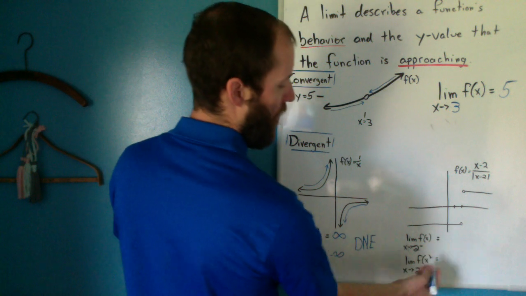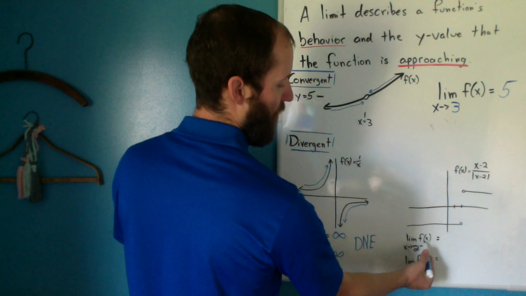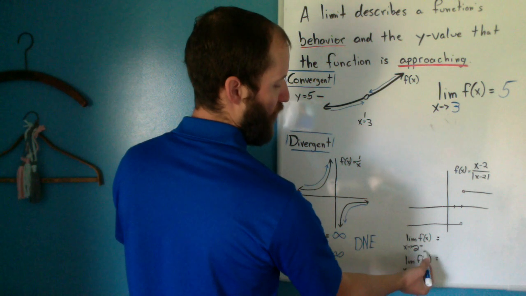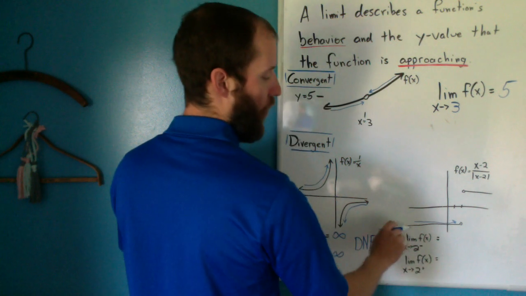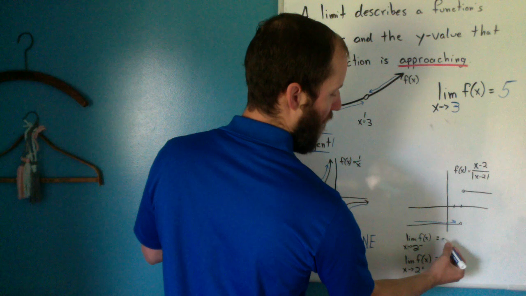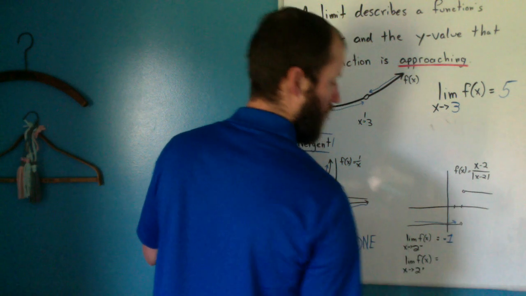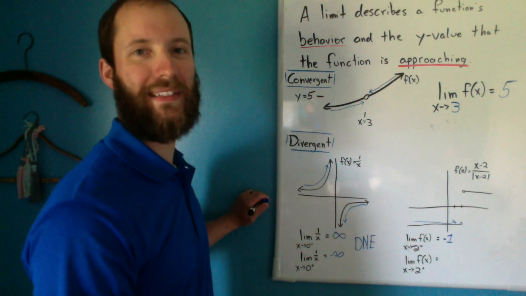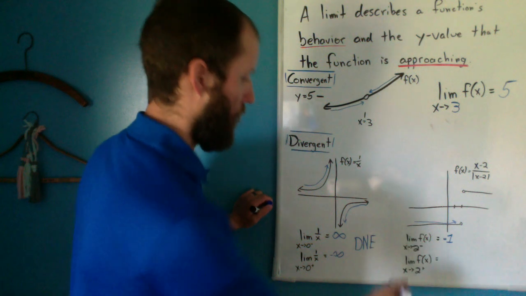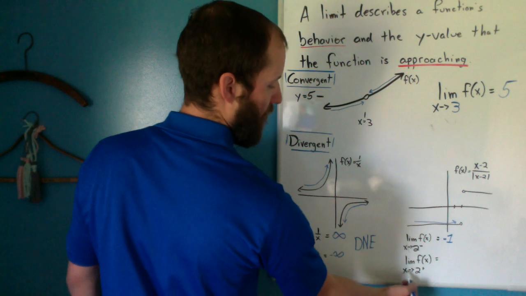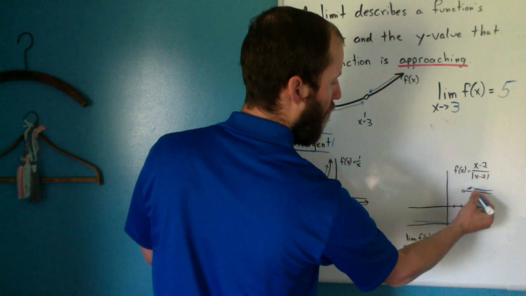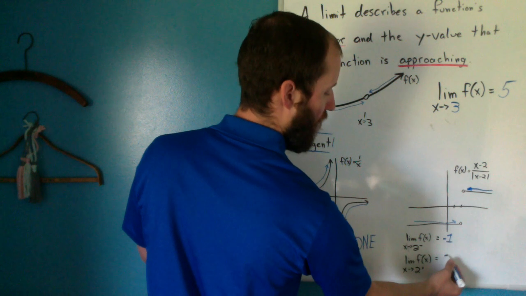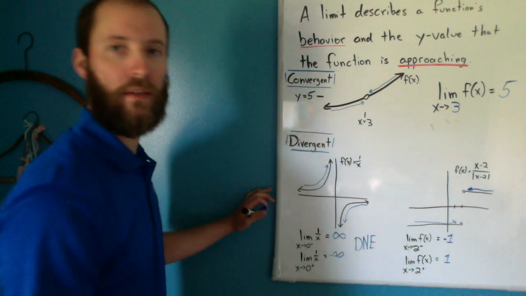Now as we approach 2 from the left, the limit of f of x as x approaches 2 from the left, we're just kind of plugging along. It's a horizontal line, and the y value that we're trending towards is negative 1. Now the limit of f of x as x approaches 2 from the right, as we come along, we're approaching positive 1.